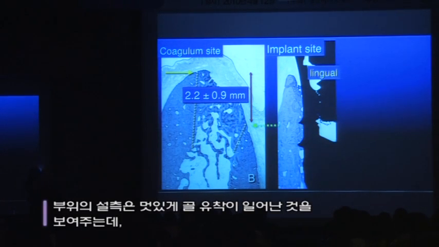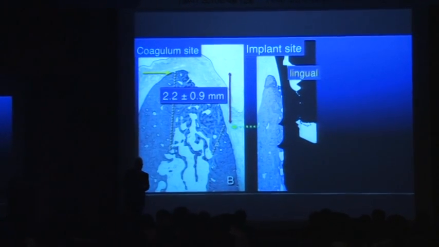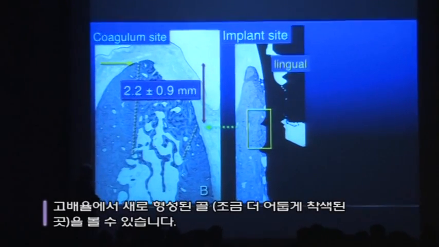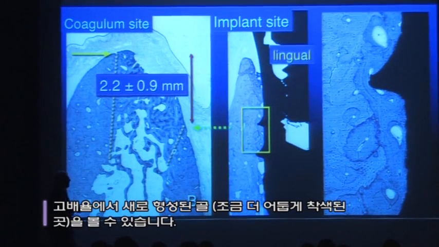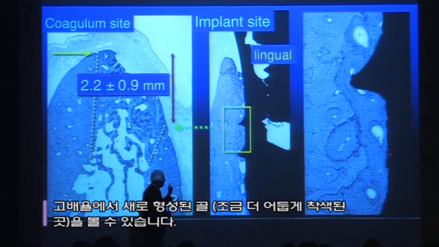Then we go to the implant site, and we start with the lingual surface. And here you can see beautiful osseointegration, as is often the case with the Straumann implants. We magnify this area, and we can see darker bone, which is newly formed bone.